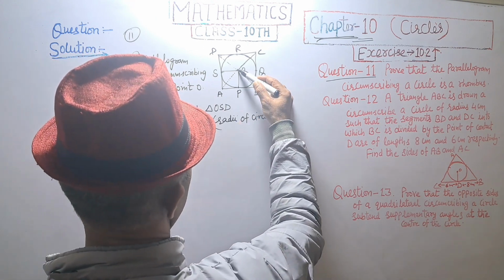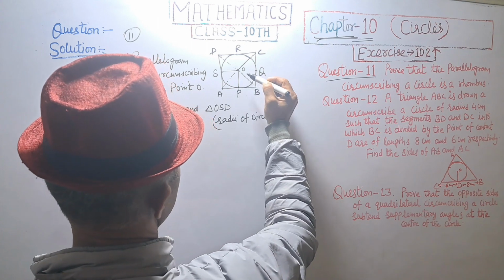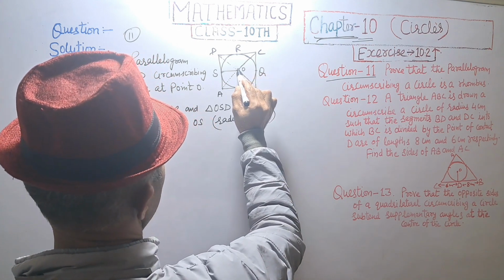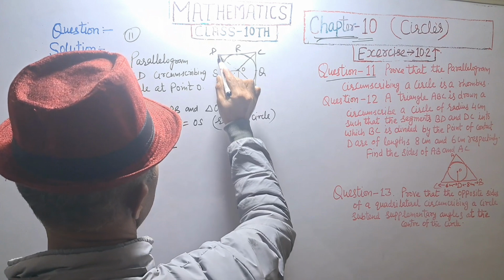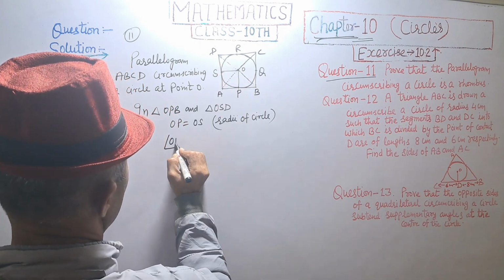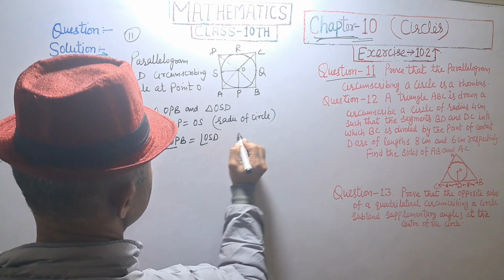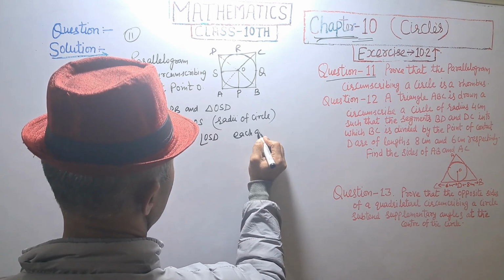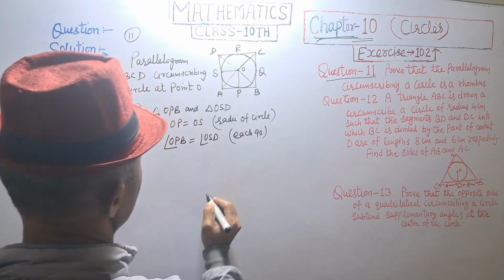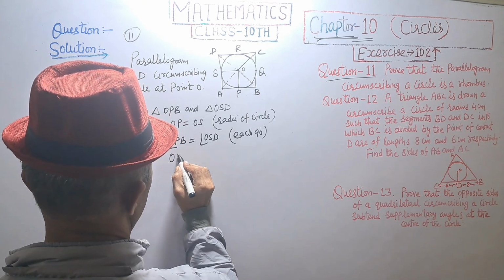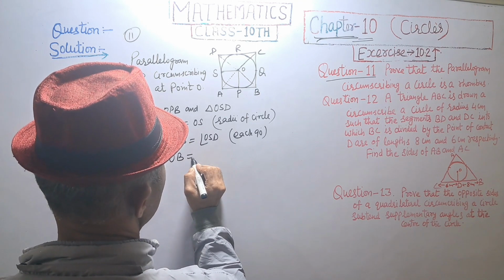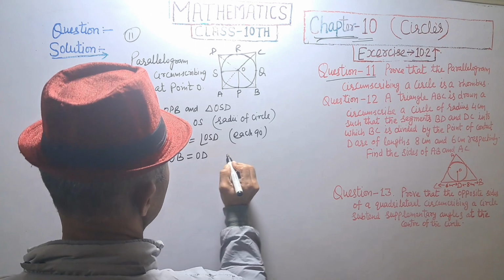Angle OPB is equal to angle OSD is 90 degrees. And OB is equal to OD.